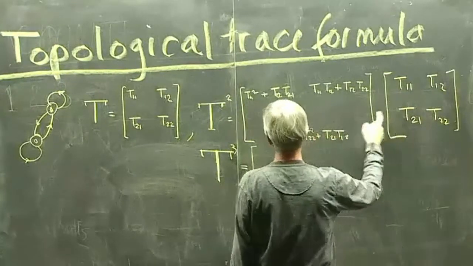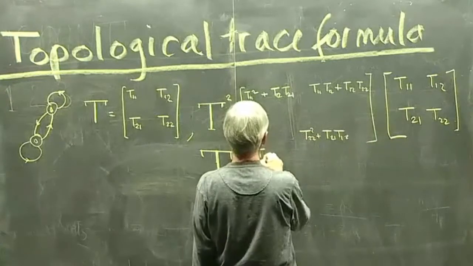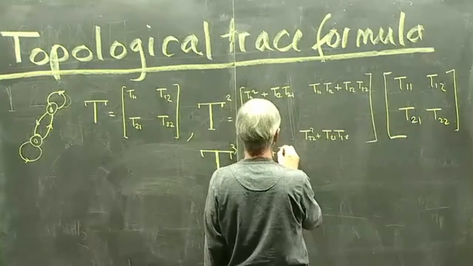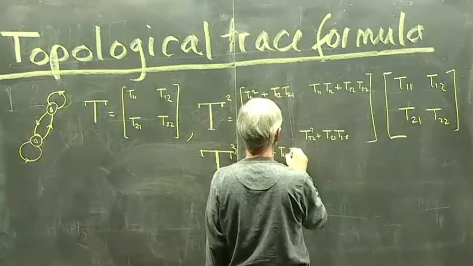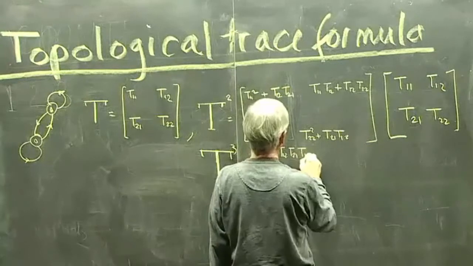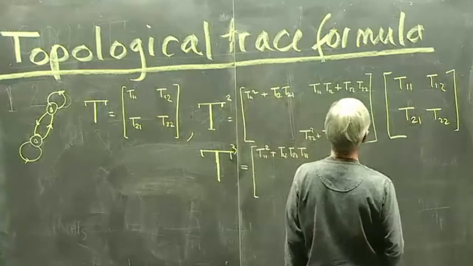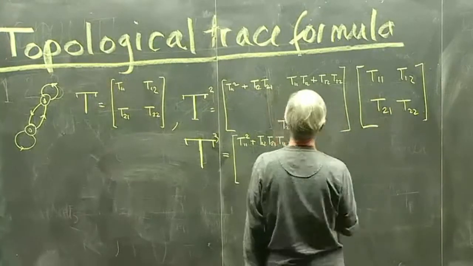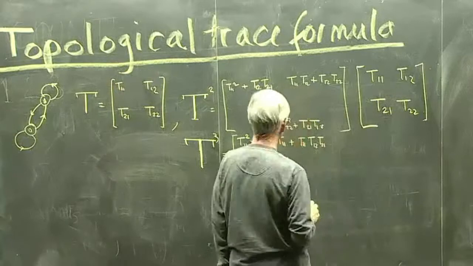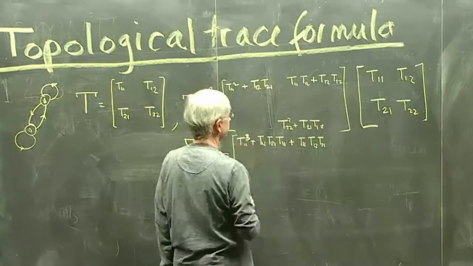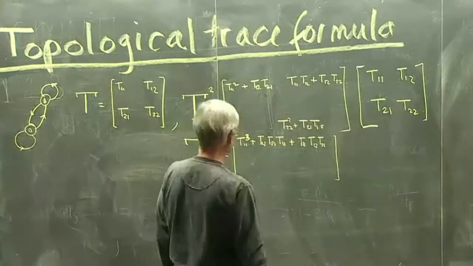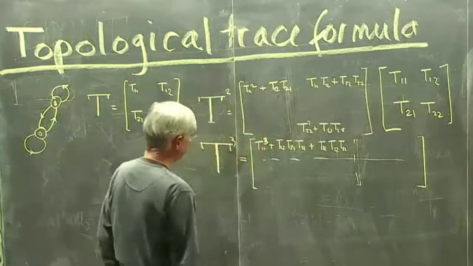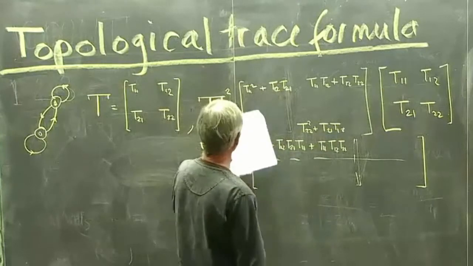I observe that here I get t11 cube plus t12, t21, t11. And then I get more terms. So now let's look at what these terms mean.